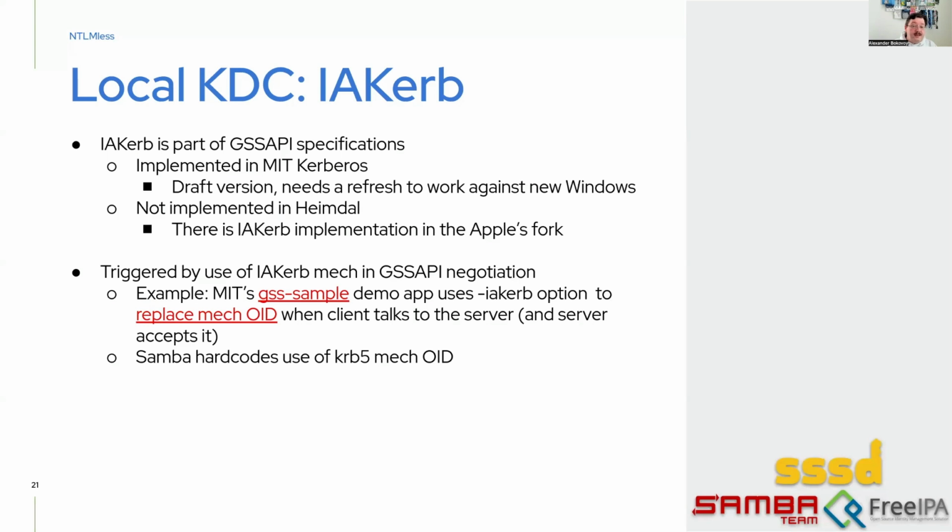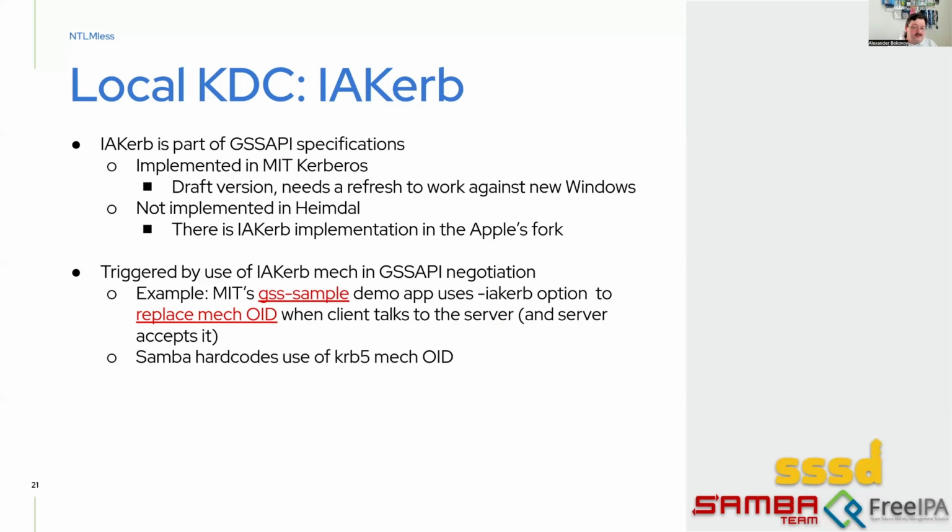So the way it's done is very simple from the application developer's point of view. It's using a different mechanism OID in the negotiation for GSS-API. And if you look at the GSS sample demo, it basically replaces the Kerberos OID with the IAKerb OID when the client talks to the server, and the server does the same.